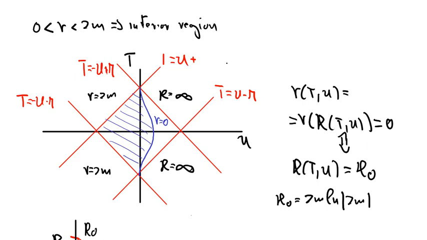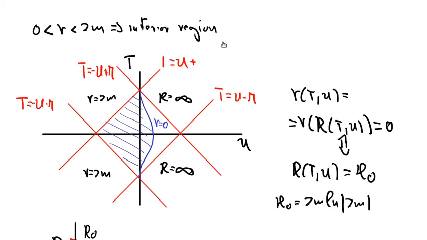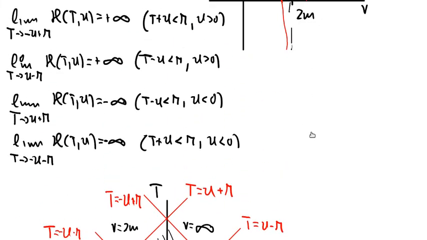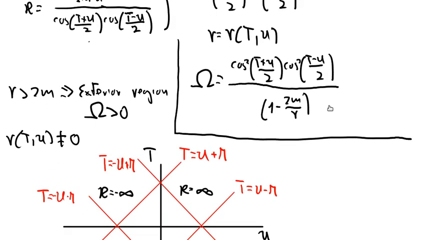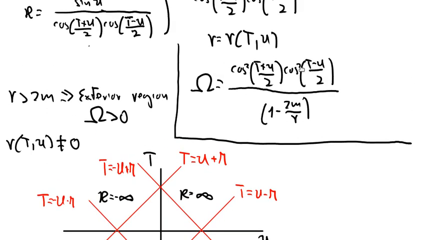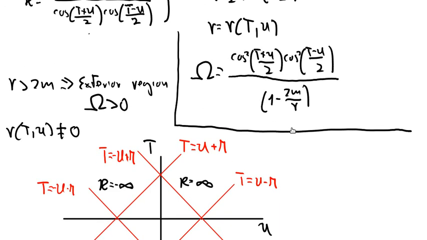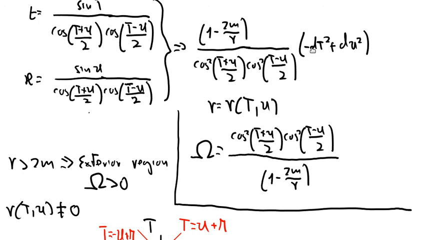Okay, right. And then we need to also take into account the sign of the conformal factor. If we look at the conformal factor, the numerator is always positive, but the denominator, if small r is less than 2m, is negative. So the conformal factor in this case is negative. And by looking at the expression of the metric, we deduce that now small u will represent time.